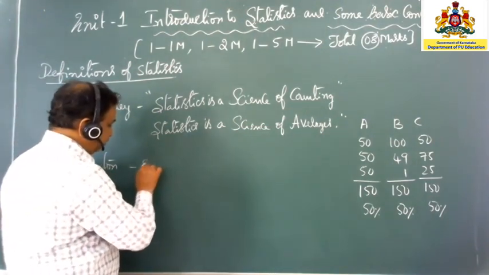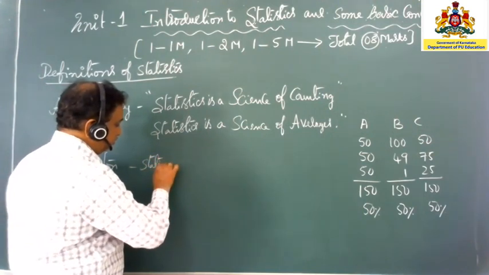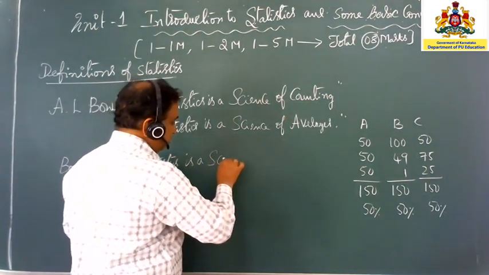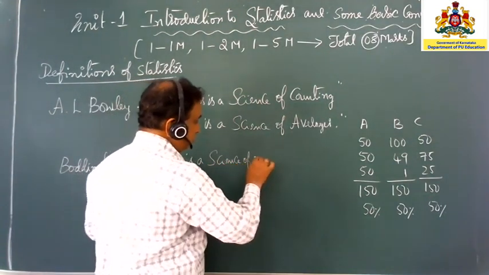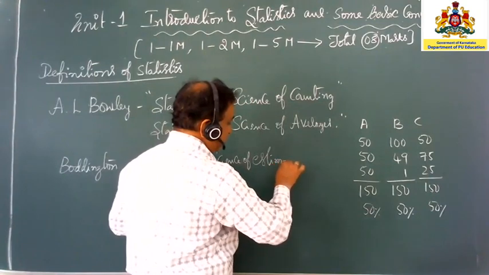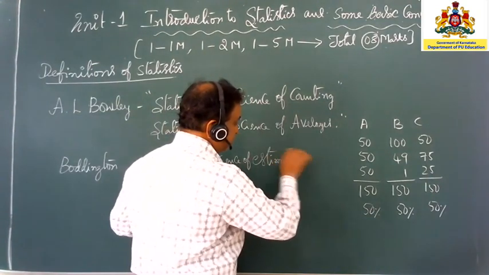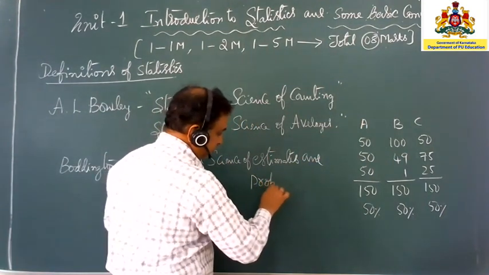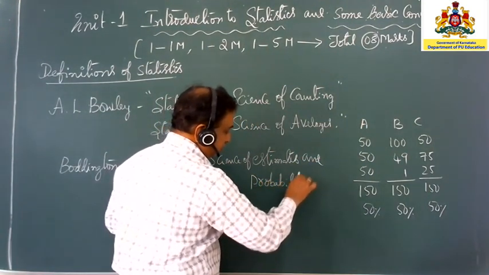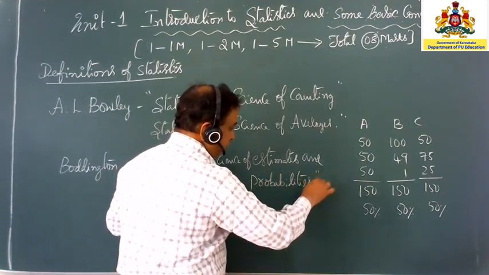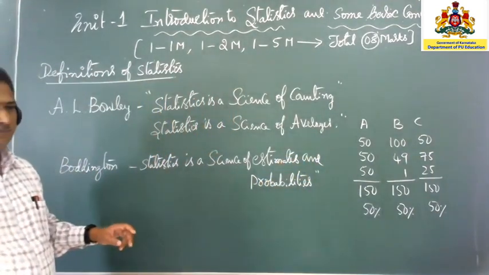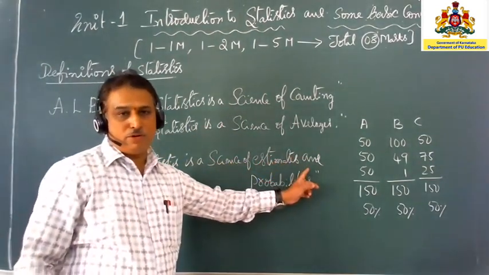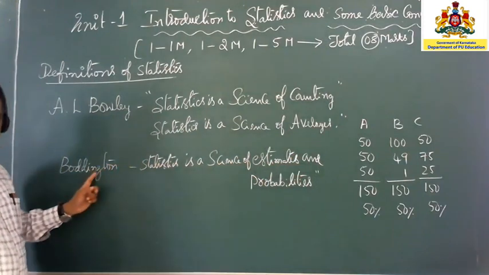Statistics is a science of estimates and probabilities. Statistics is the science of estimates and probability. This definition was given by Boddington.